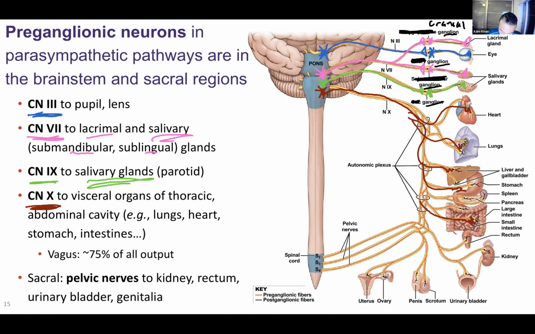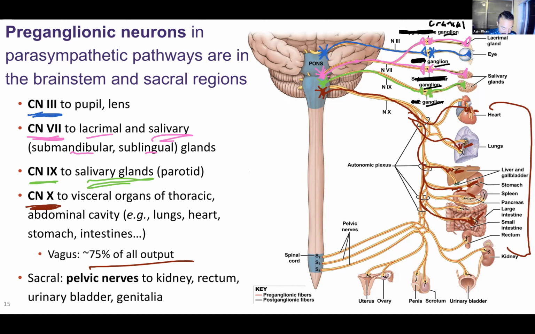And then you have a very, very short postganglionic neuron, which I'm just going to shorthand with a line here. So the vagus nerve is controlling many different organs, maybe like 75% of all of your parasympathetic output. Those are the 4 cranial nerves involved in the parasympathetic pathway.